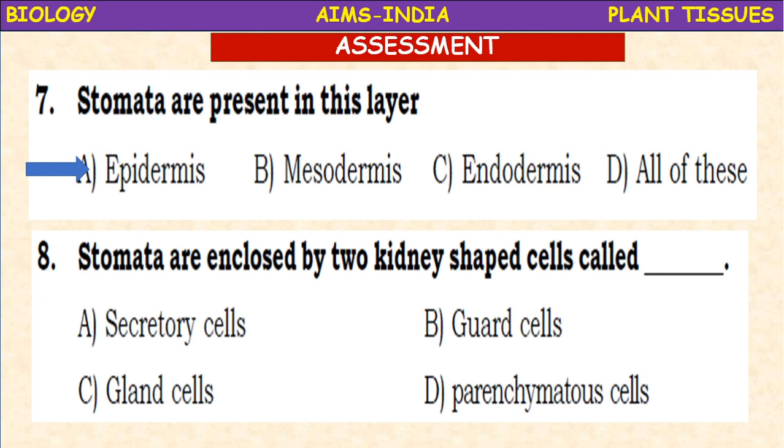Next, stomata are enclosed by two kidney shaped cells called what? What are the two kidney shaped cells present in the stomata? They are called guard cells. Bean shaped or kidney shaped cells, they are called guard cells. They open and close.